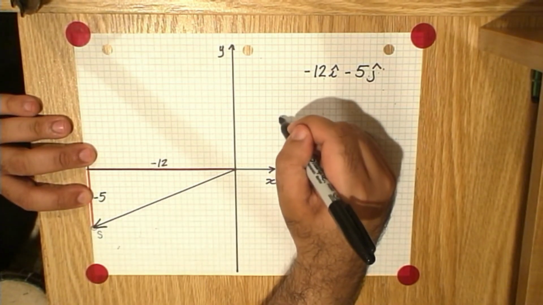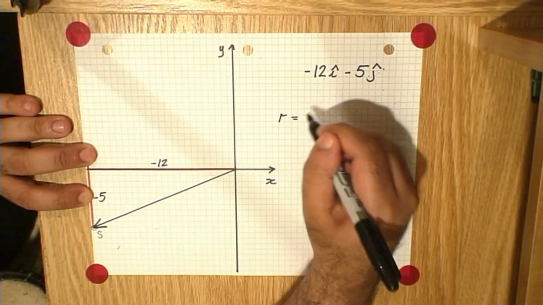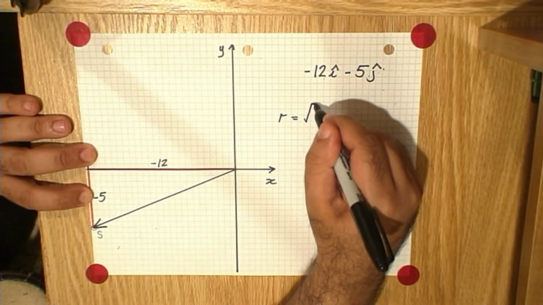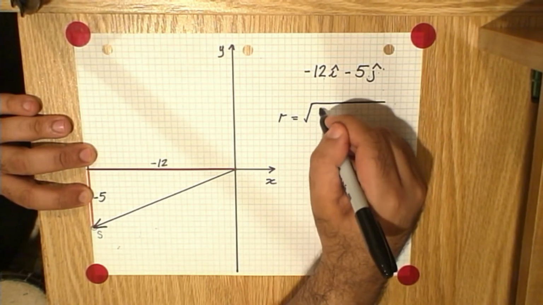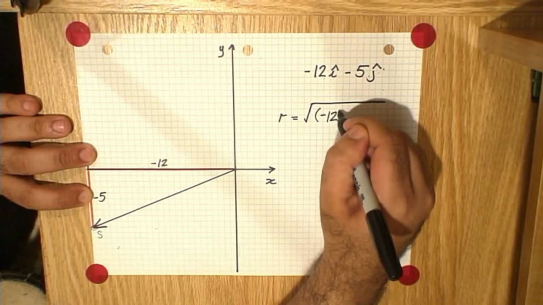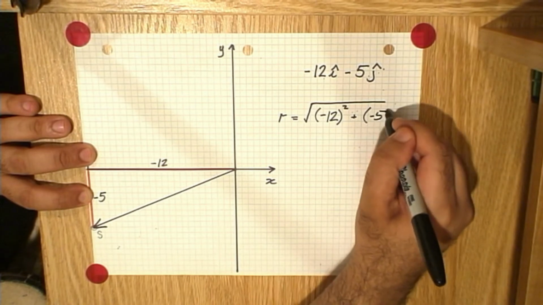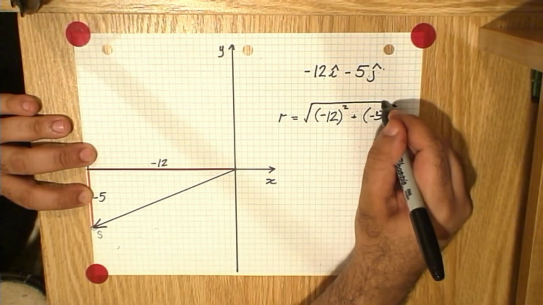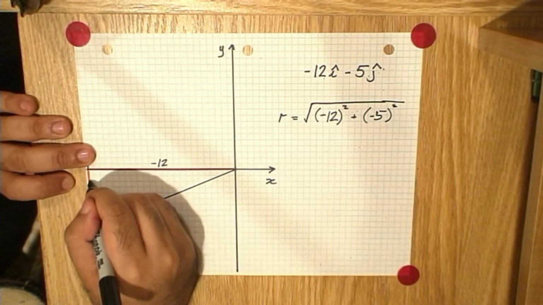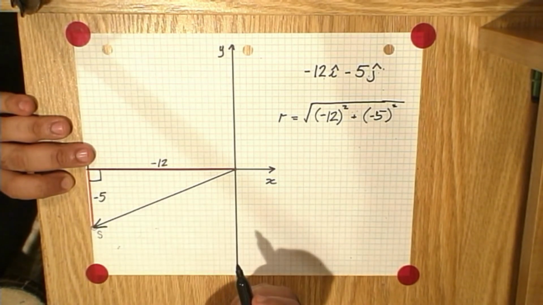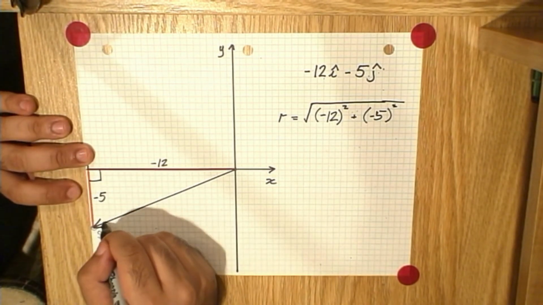We would solve this as r is equal to the square root of (-12) squared plus (-5) squared. So once again, this is just the Pythagorean theorem to find this distance.